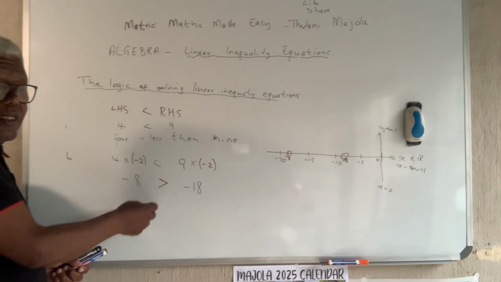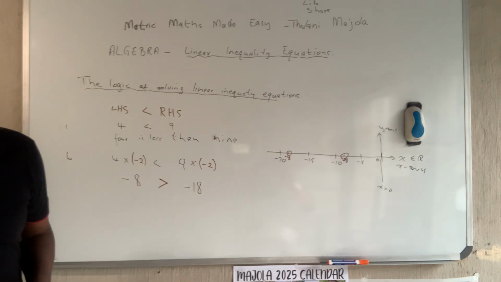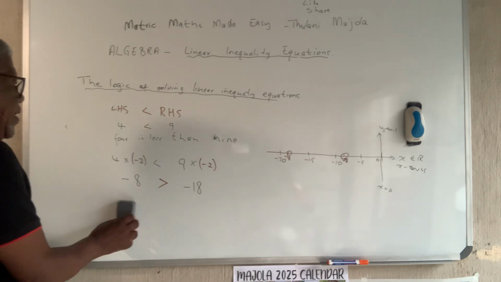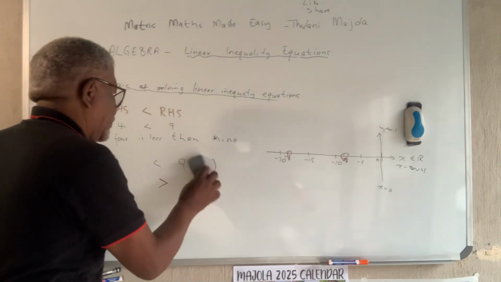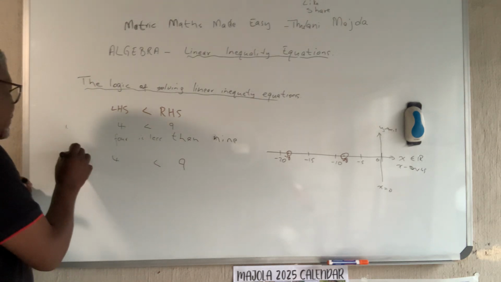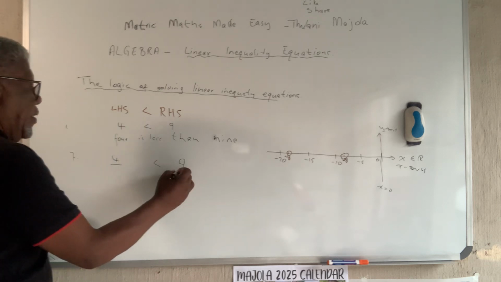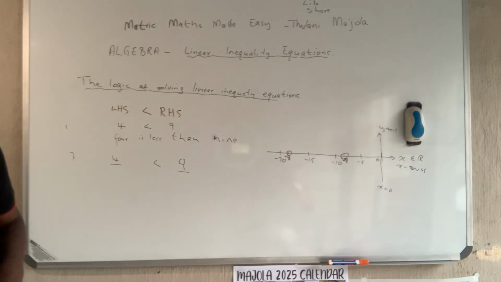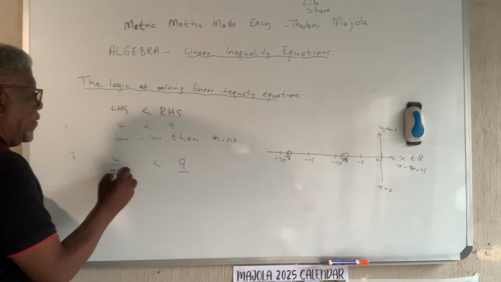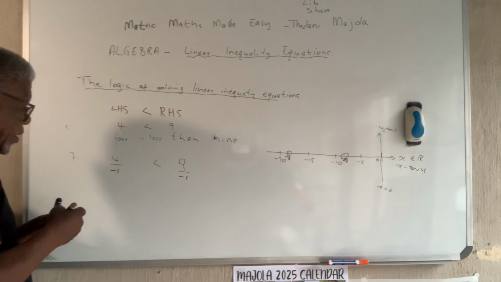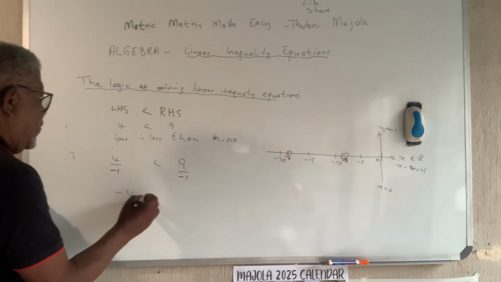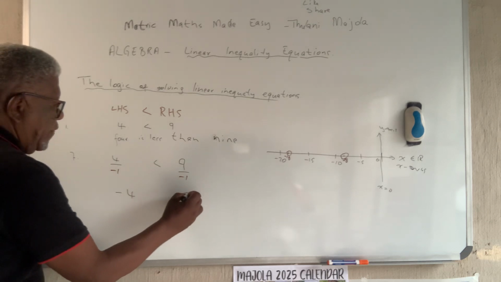Similarly, if you divide by a negative number, say you divide both the left hand side and the right hand side, maybe let's just use negative 1. So say you divide by negative 1 here, you divide by negative 1 here. What's going to happen here, you're going to get negative 4, and then here you're going to get negative 9.